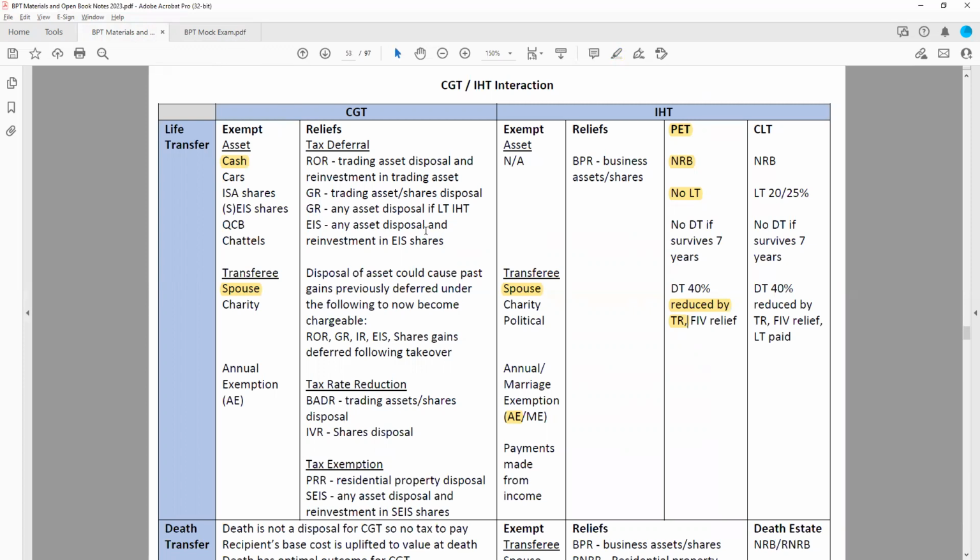So again, now let's think CGT. A house definitely isn't an exempt asset. Transferring it to a company is not like an exempt transferee. Yes, there would be the annual exemption if that is available, if she hasn't used the annual exemption. But then we can think, are there any reliefs available?